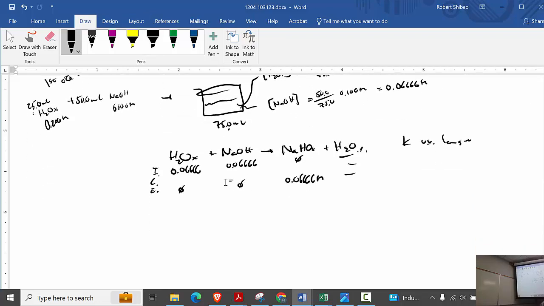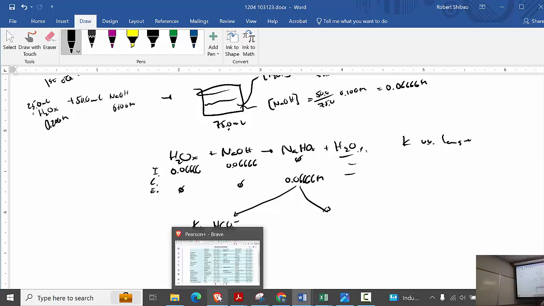Now we have a problem here for the next step, step 2. The problem here is, which should we do? Should we do Ka for hydrogen oxalate? The Ka for hydrogen oxalate, we can just get off the chart there, or off our book's chart.